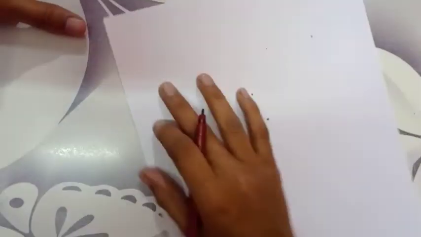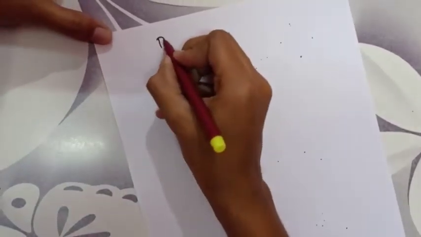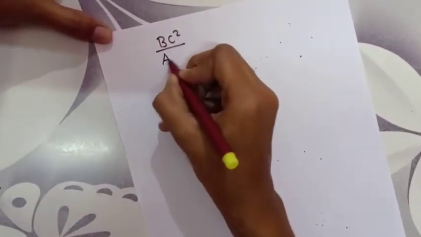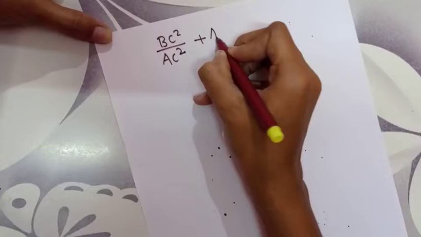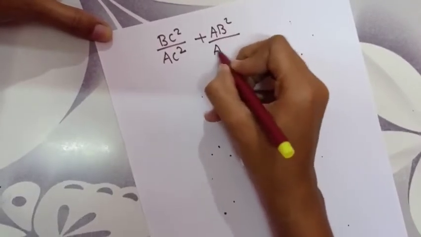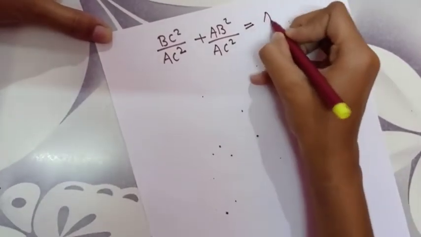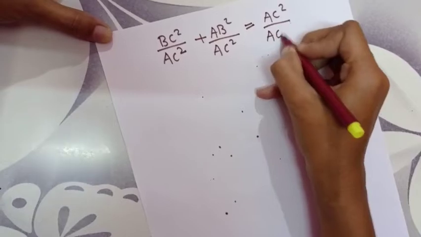Now next we write the previous equation as BC square by AC square plus AB square by AC square, which will be equal to AC square by AC square.